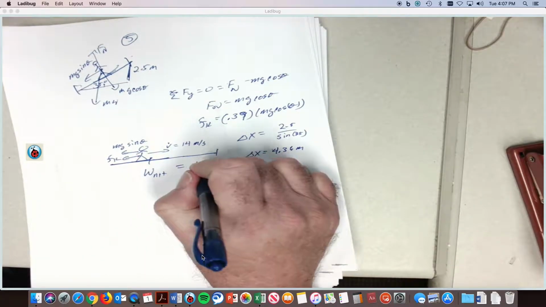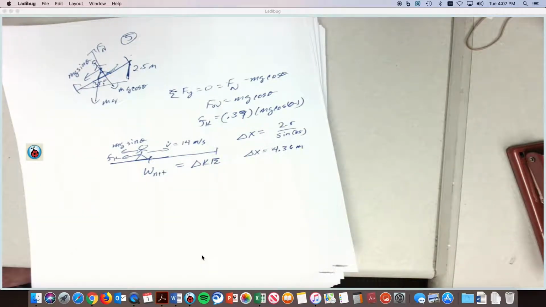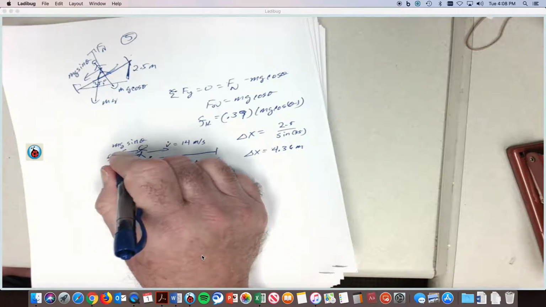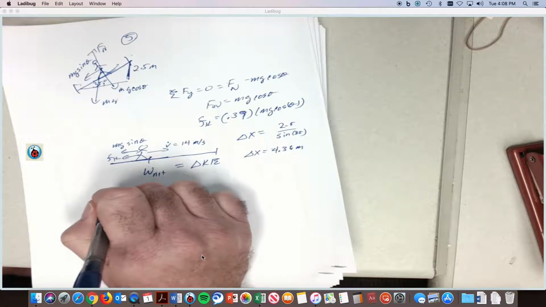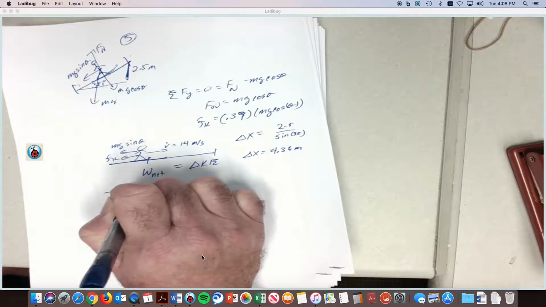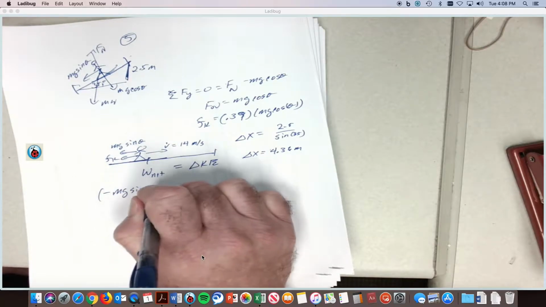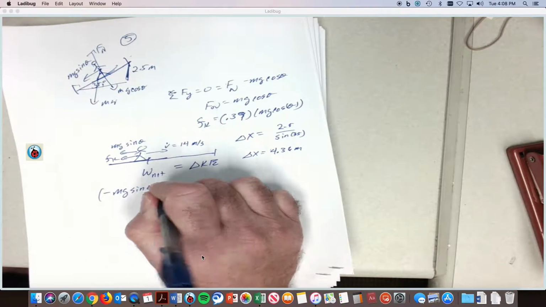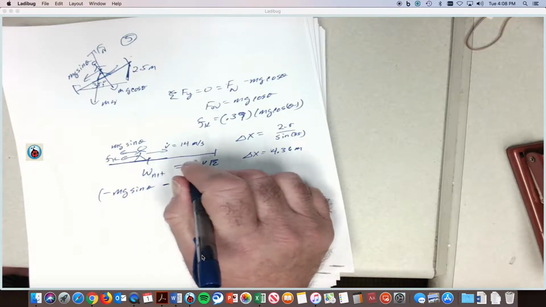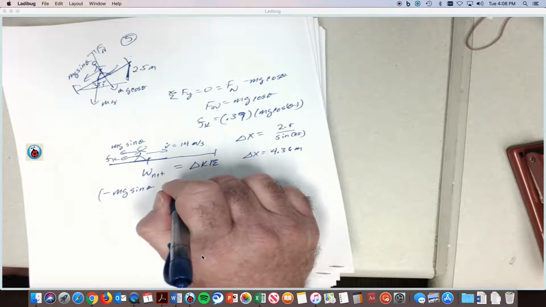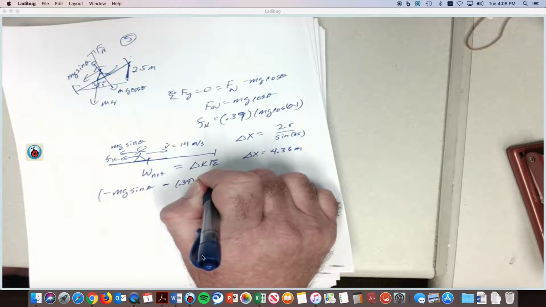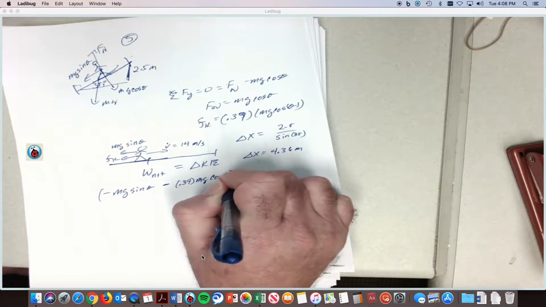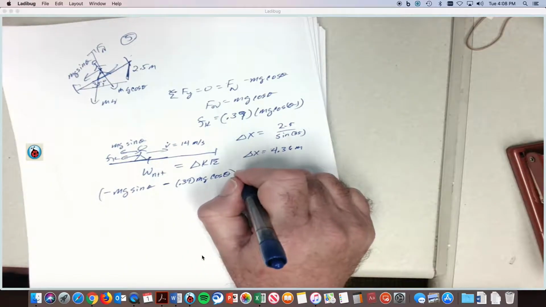Is equal to her change in kinetic energy. All right? She's slowing down. So the net work is done by these two forces, and they're going in the negative direction. So I've got minus mg sine theta minus 0.39 mg cosine theta times 4.36.